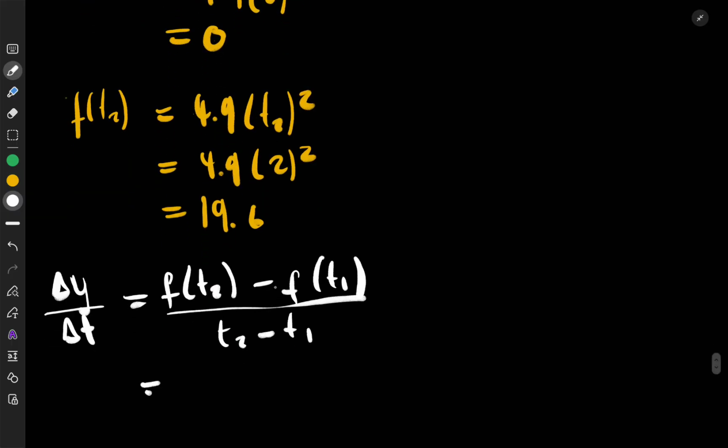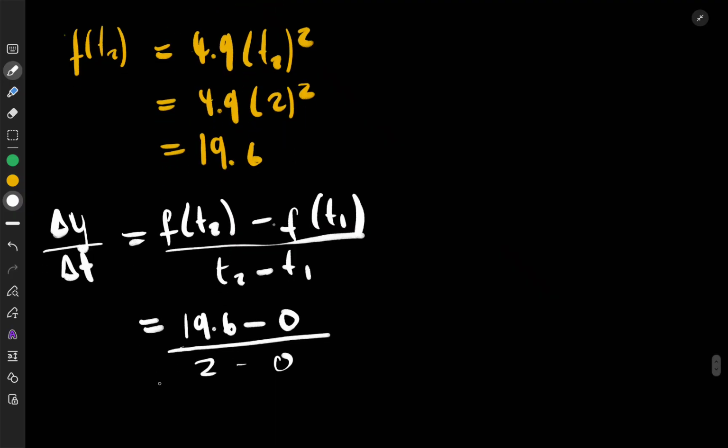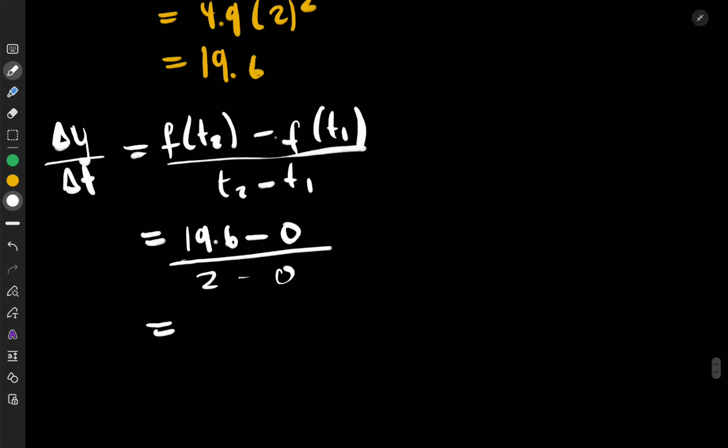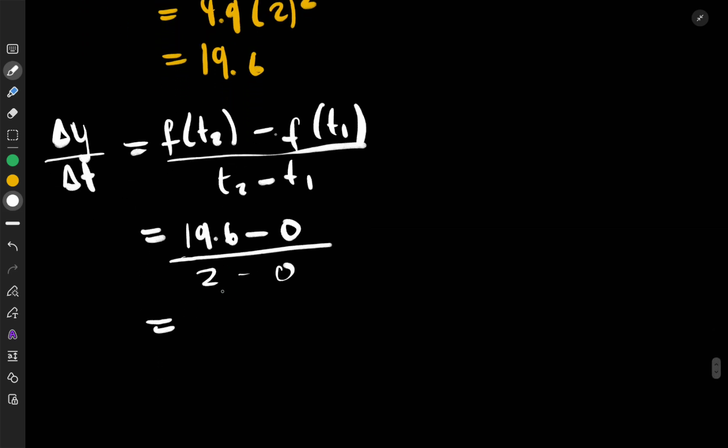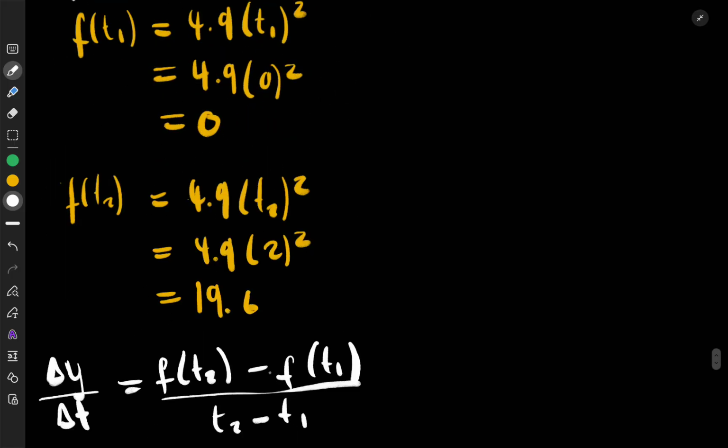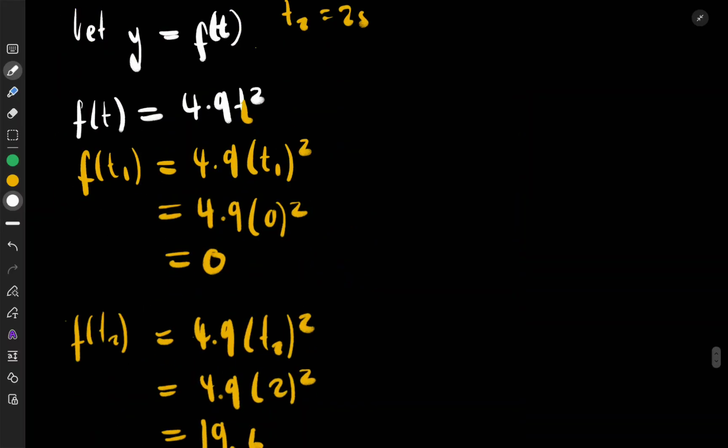What is my f(t2)? 19.6 minus f(t1), which is 0, all over t2, which is 2, minus t1, which is 0. In the calculator, 19.6 minus 0 is just 19.6, divided by 2 minus 0 is just 2. Here you get 9.8 meters per second, my average speed. My average speed for the first 2 seconds is done, so I go to B.